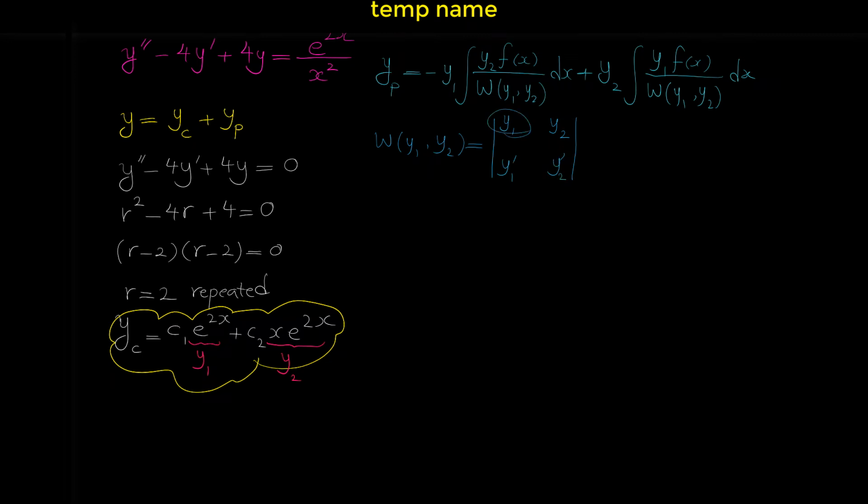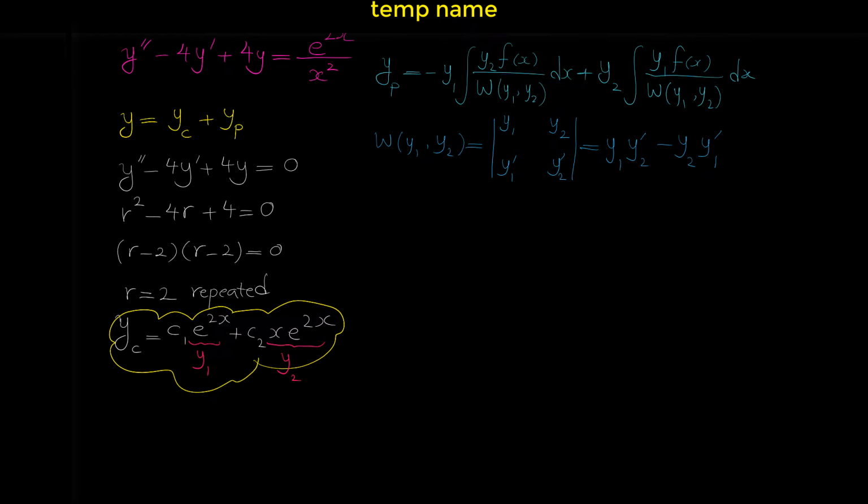So we have to take the derivative of these two functions and put them in the second row. Then by calculating this determinant, we can find the Wronskian. If you don't know how to calculate this determinant, this is how we find it: y1 times y2 prime minus y2 times y1 prime. For finding the particular solution, let us start with finding the Wronskian.